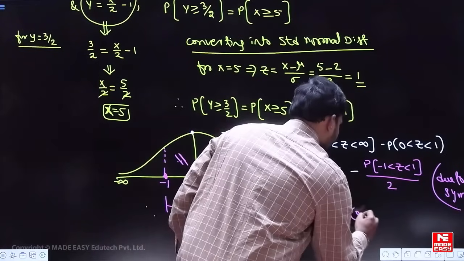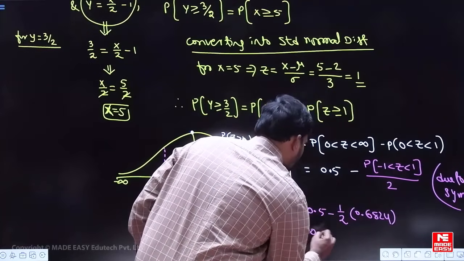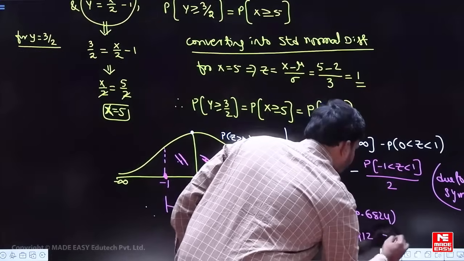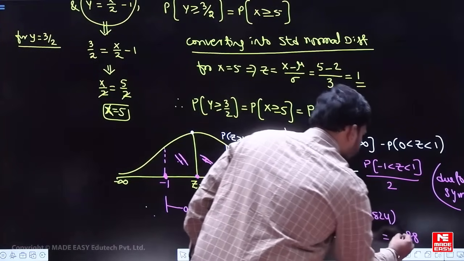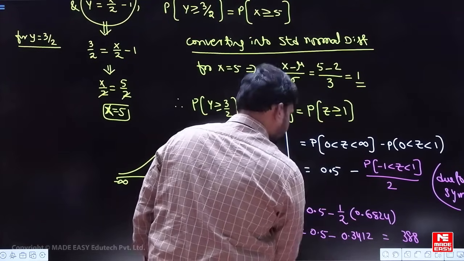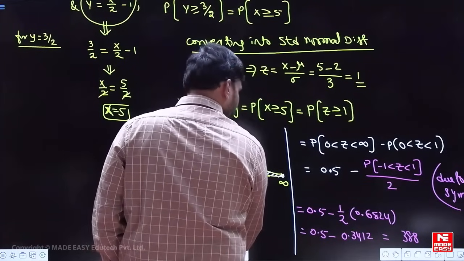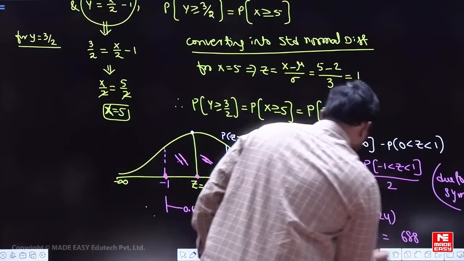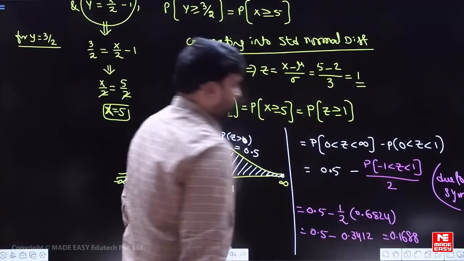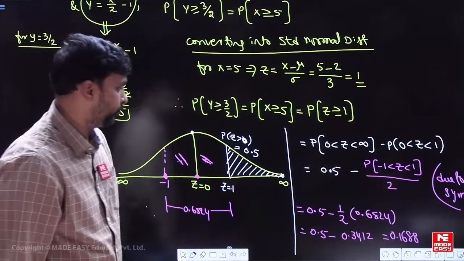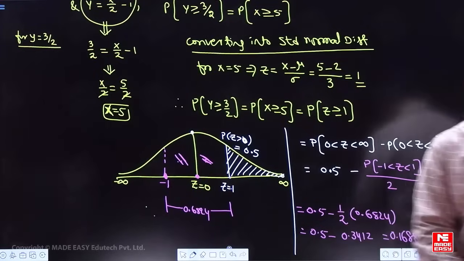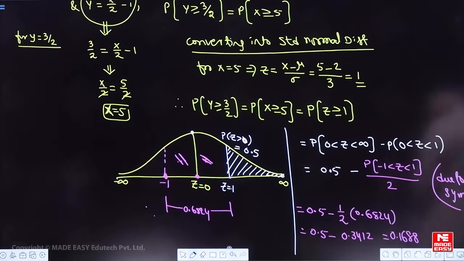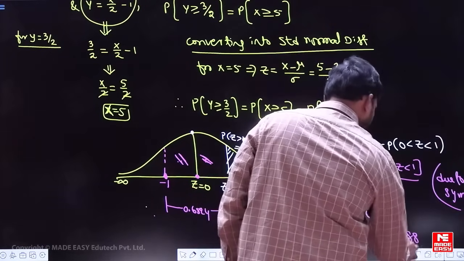That means 0.5 minus 0.3412. If you calculate this, you get 0.1588.